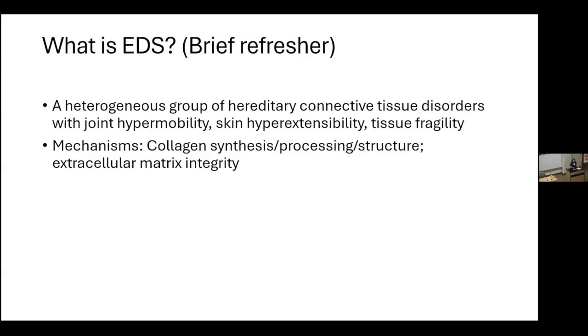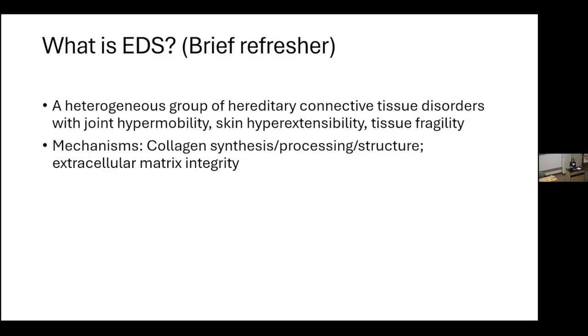In connection with the Ehlers-Danlos Society and my colleagues who are involved in taking care of people with hereditary connective tissue disorders, we've undertaken a very large literature review looking at what is Ehlers-Danlos syndrome. And you've heard all this already today.